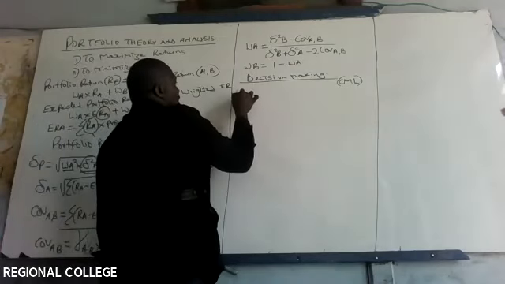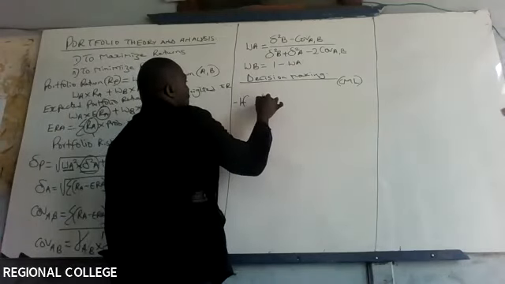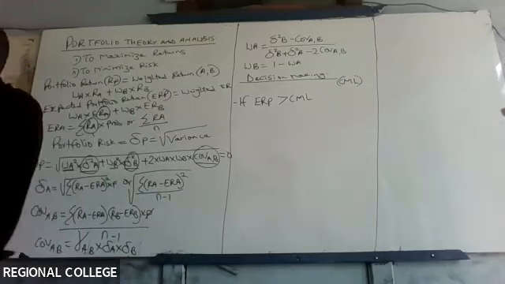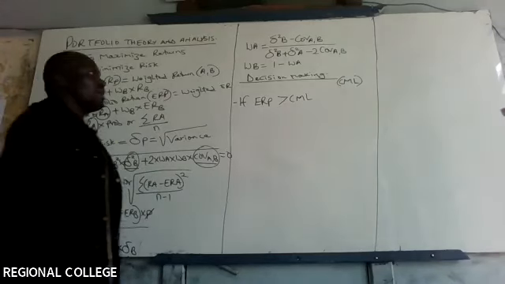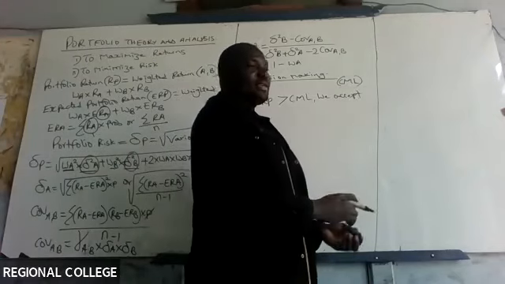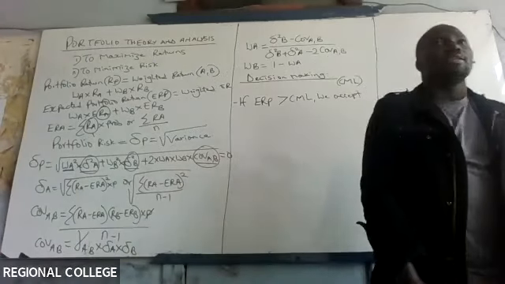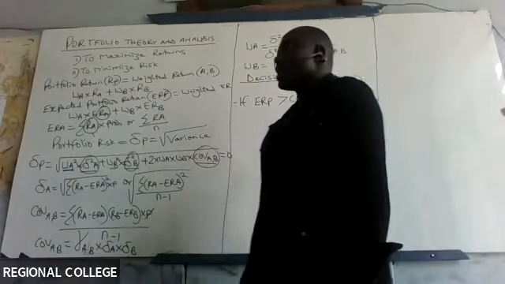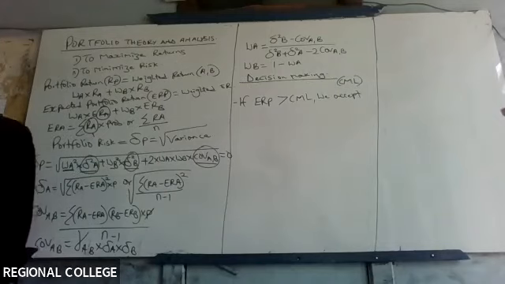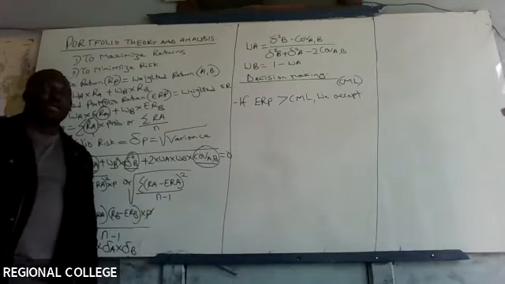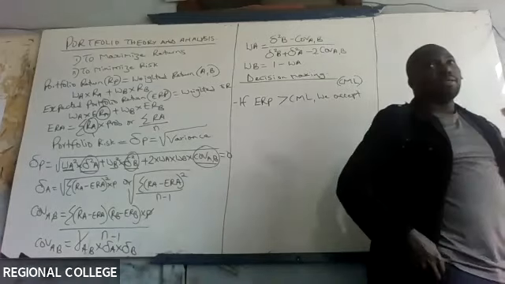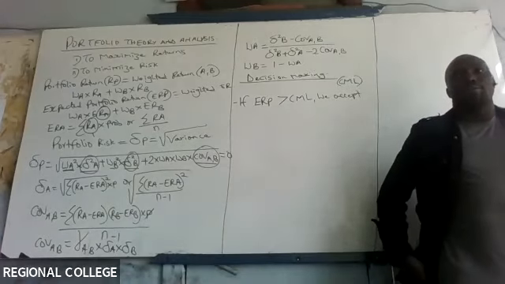Then you just say, if ERP is greater than CML, if the expected return of the portfolio is greater than CML, we accept, since it is super efficient, stroke superior, stroke undervalued.